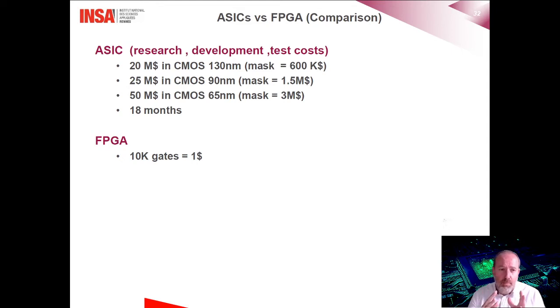For a 65 nanometer, it's $50 million that were required to build a single chip. Furthermore, the time delay is also high, and it's on the order of 18 months. So for FPGA, this total cost is not comparable, since a 10K gate device only costs something like $1.